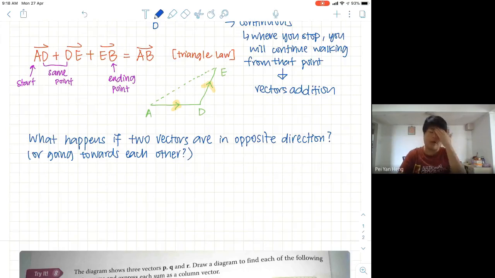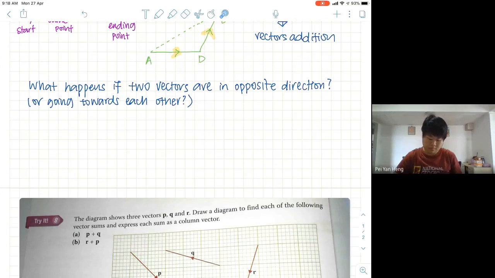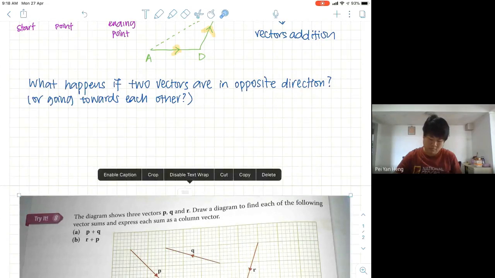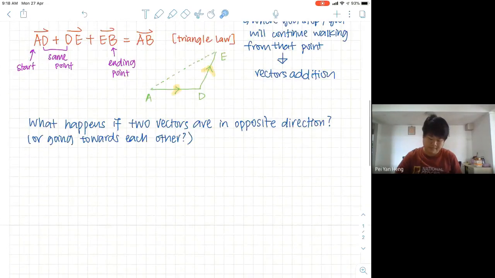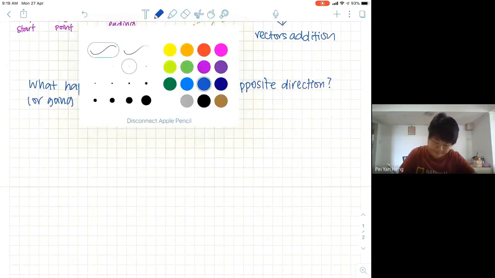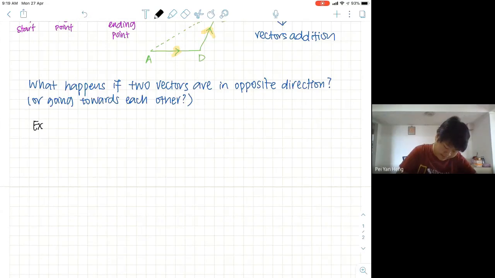Not every time will you see vectors going in a continuous direction. Sometimes they may be going away, sometimes they may be going towards. Example 1, they are going in opposite direction.